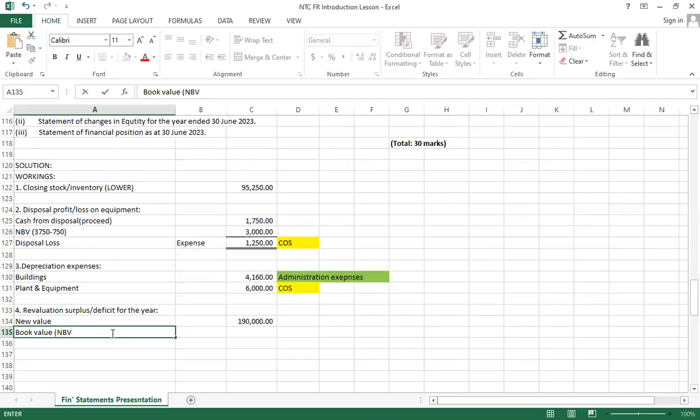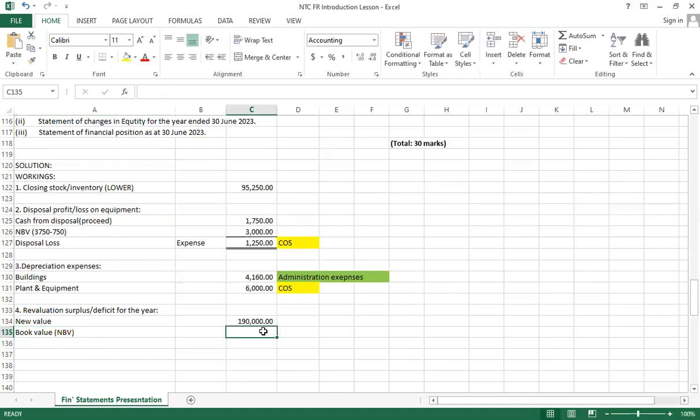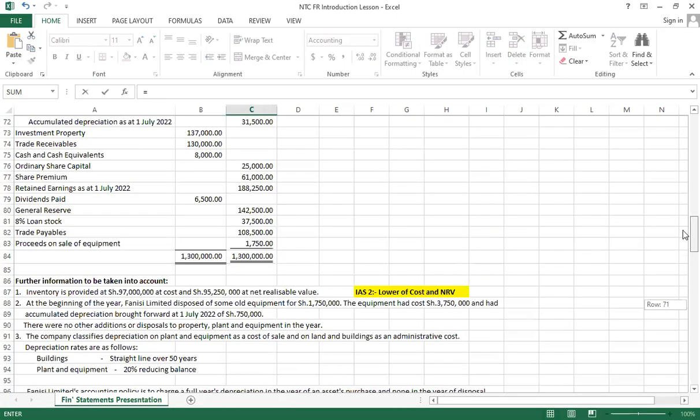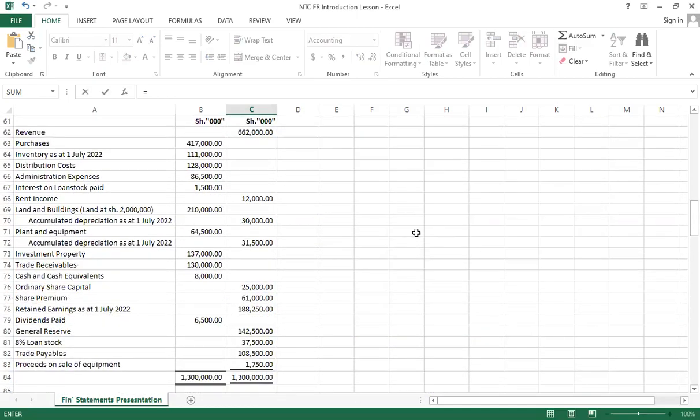I'll go back to the trial balance where I have the book value info, and for the land and buildings combined we have 210.